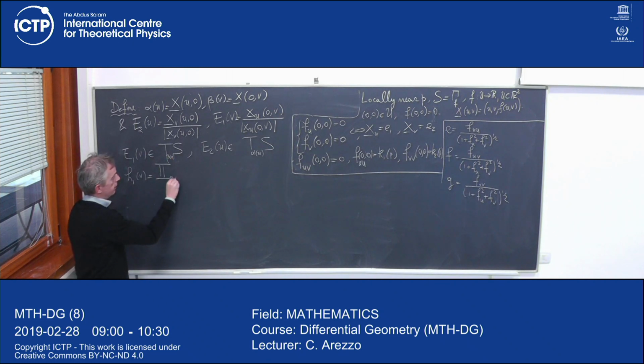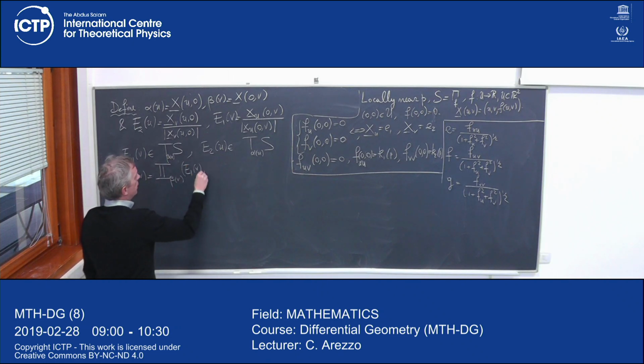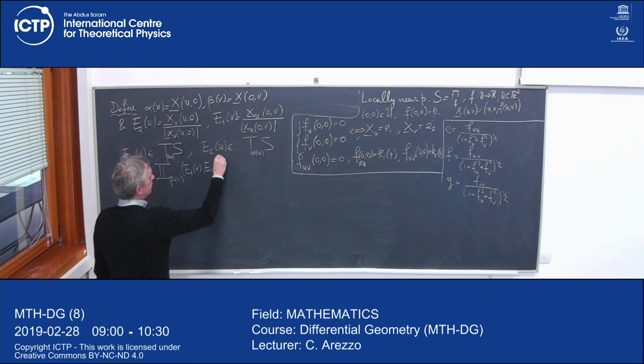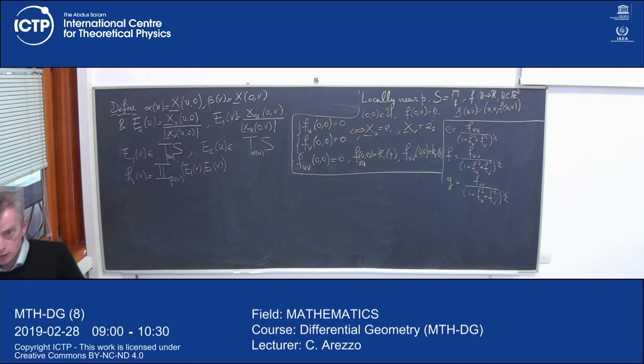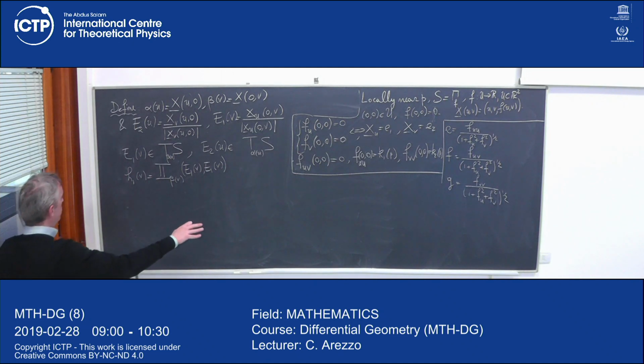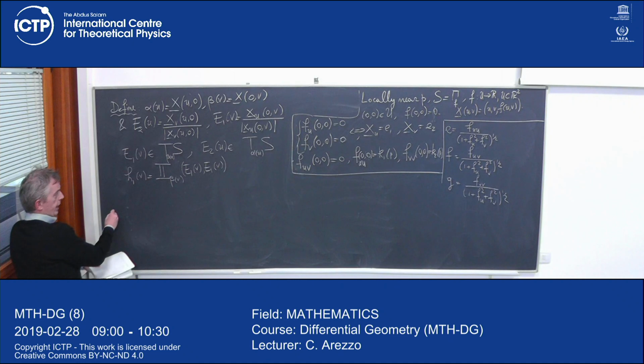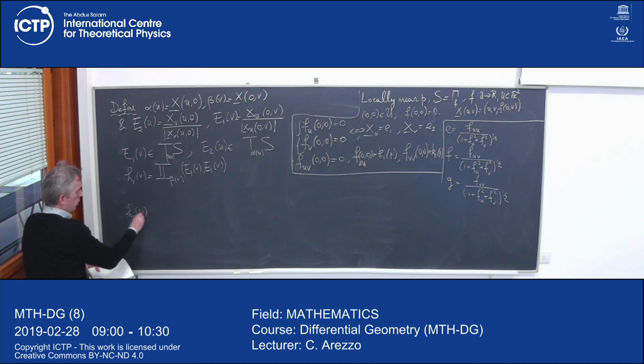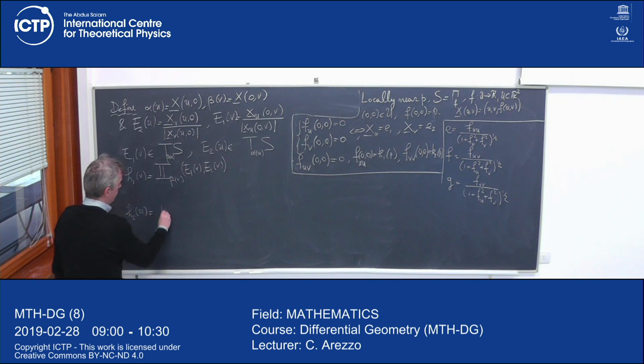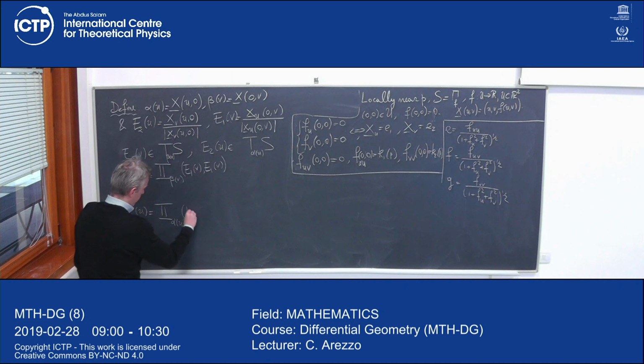So the second fundamental form at the point beta of v, applied to the vectors e1v, e1v. I will write it down what it is in a moment. So just to gain a little bit of space, I write it here. And of course, h2 of u this time will be the second fundamental form at the point alpha of u applied to the vectors e2u, e2u.